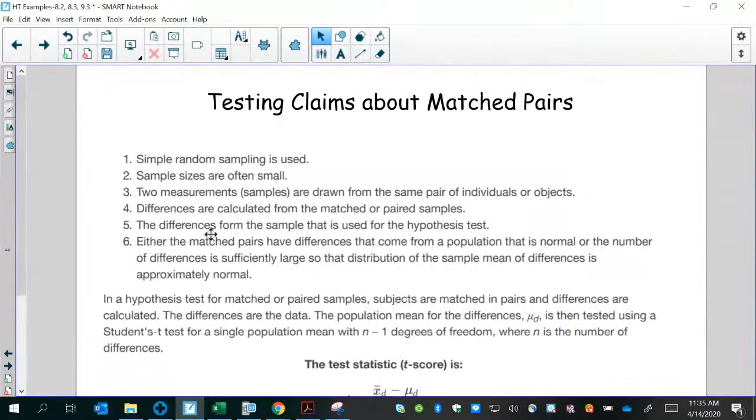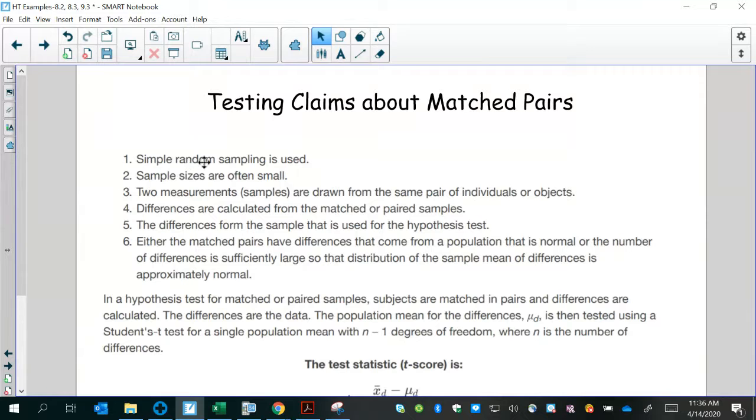So when we're testing claims about matched pairs, there are a few things that we assume or check assumptions for. In your circumstance, the questions that you're given will usually be already structured so that these things are satisfied. But we'll just review what those things are.